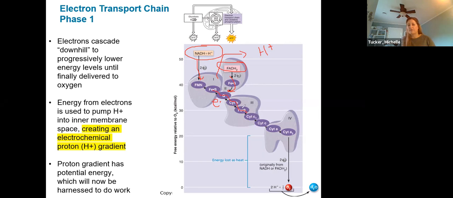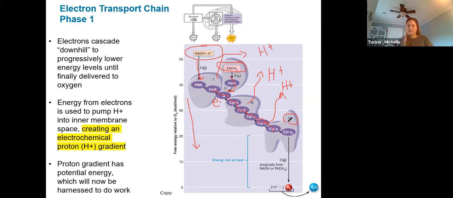These are called, most of them are cytochromes associated with iron. And each time they get passed, this is the amount of energy in that electron as it goes from one to another, to another, to another. As it gives off this energy, we're going to be pumping hydrogen ions and creating a gradient.